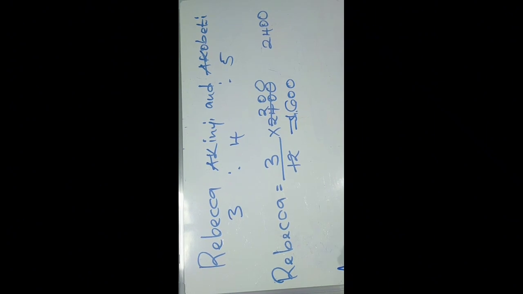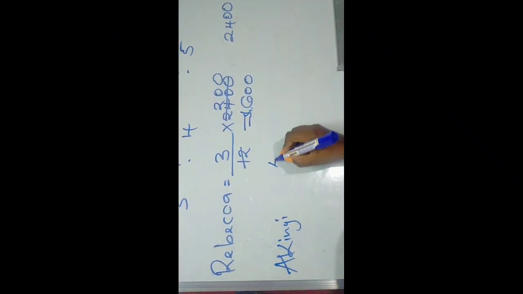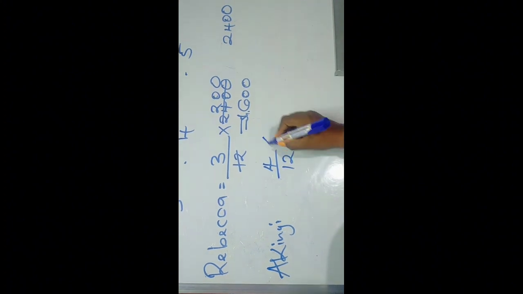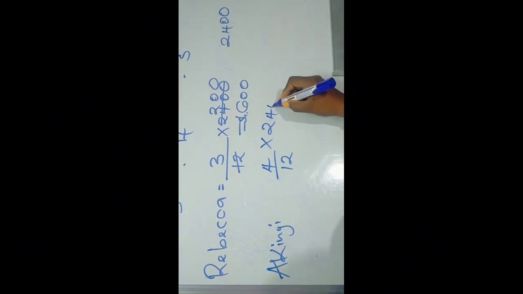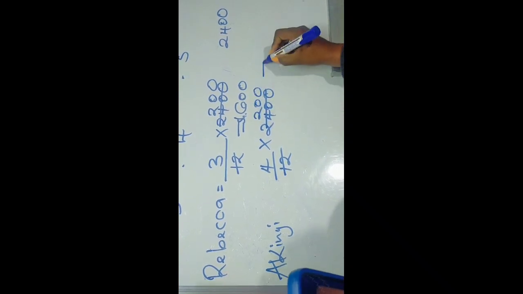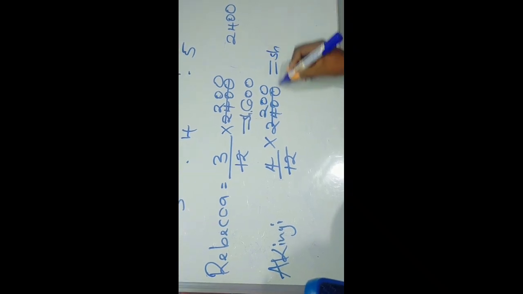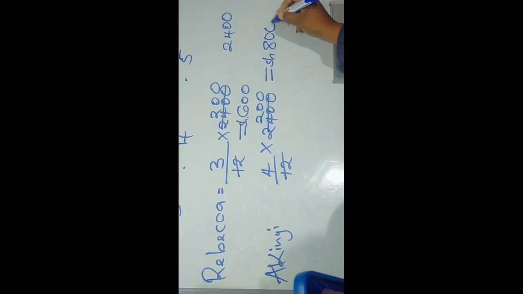Akinyi, on the other hand, will get 4 over the total sum times the amount. So this again is 200, giving us 800 shillings.